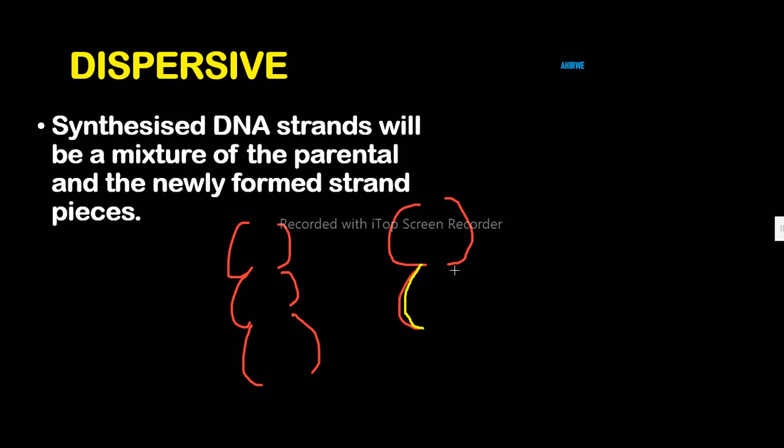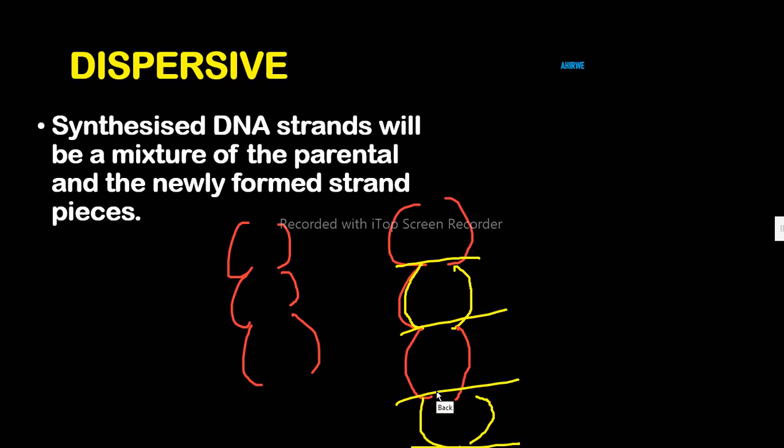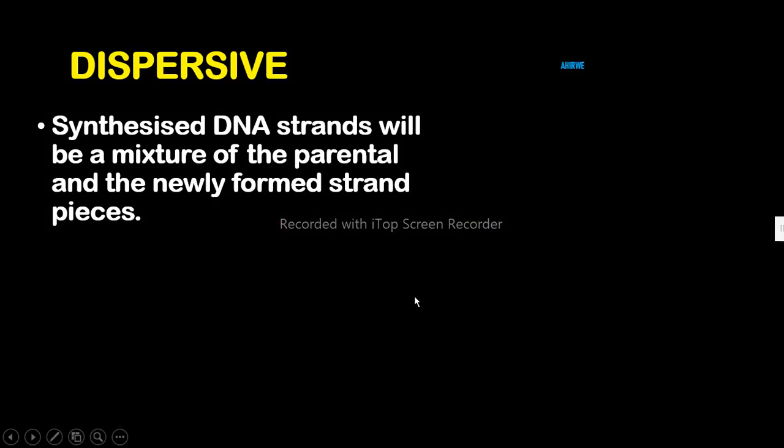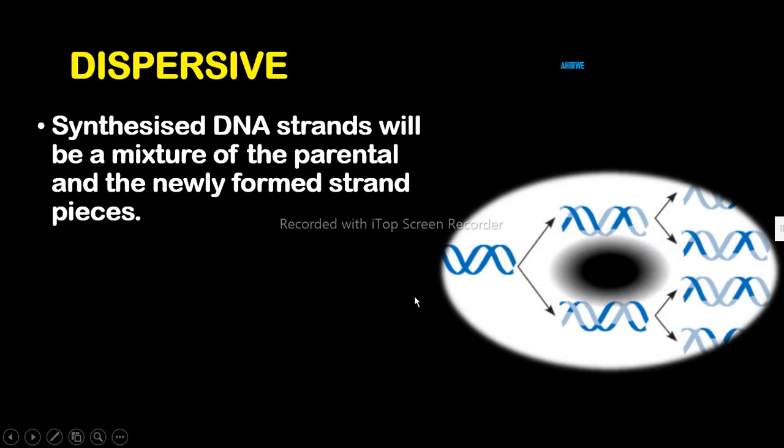This is now old strand of DNA. And then the next one becomes the new strand. And then the next one becomes the old strand. So that's why it is dispersive. You are dispersing between the old and the new strand. So it's just confusion. I call this confusion.